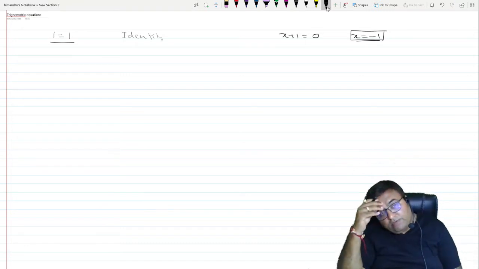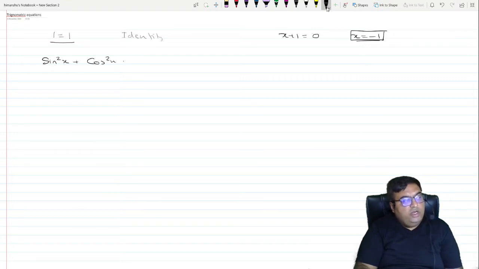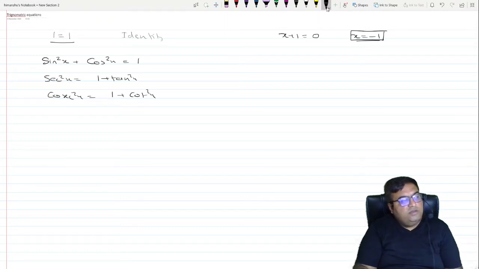Now similar things also arise in trigonometry. You might have studied the simplest trigonometric identities: sin square x plus cos square x equals 1, sec square x equals 1 plus tan square x, cosec square x equals 1 plus cot square x.